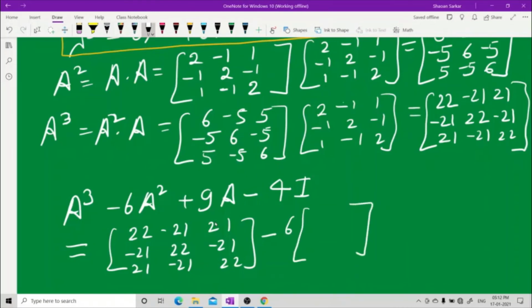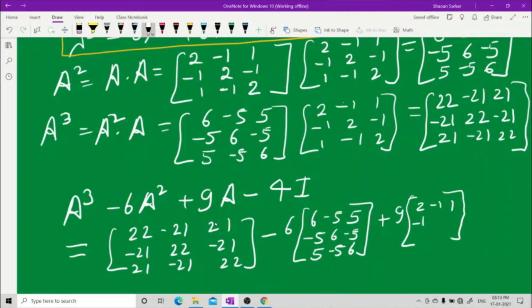You can see it is 6, minus 5 and 5, and then you have minus 5, 6 and minus 5, and then you have 5, minus 5 and 6, plus 9 into this whole matrix. 2, minus 1, 1, minus 1, 2, 1, 1, minus 1, 2, then minus 4 into the identity matrix 1, 0, 0, 0, 1, 0, 0, 0, 1.